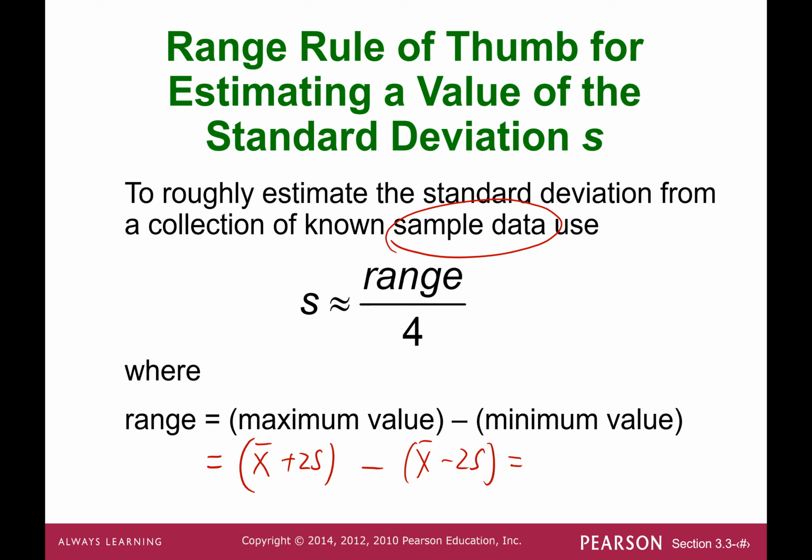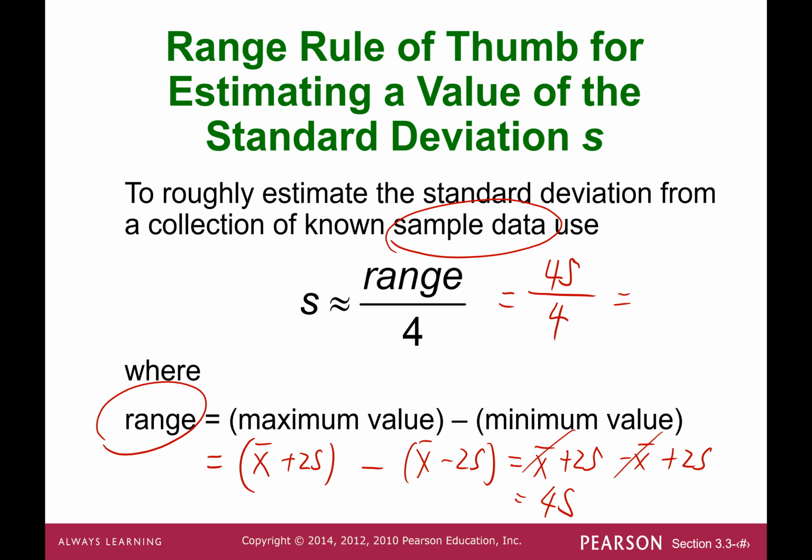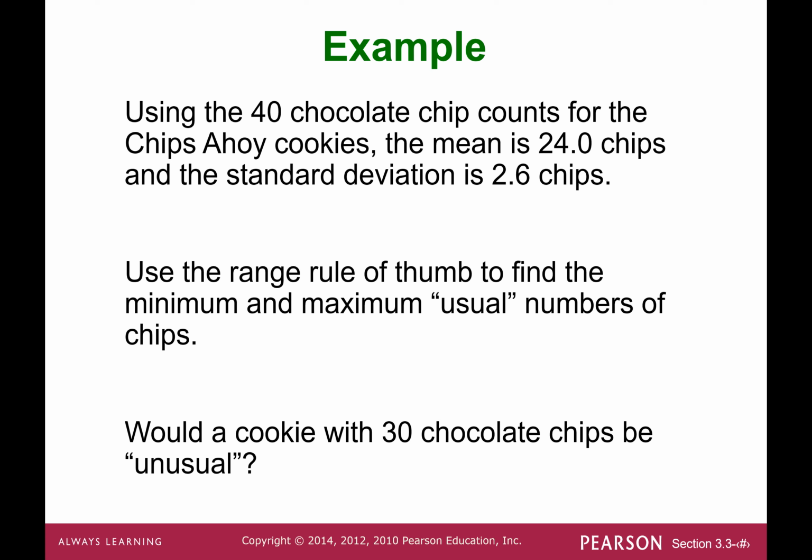If you expand it, the sample mean gets cancelled, so we get 4 standard deviations. So the range is approximately 4 standard deviations. Using the range over 4, you get the standard deviation. That's how you make the connection between the range rule of thumb and the standard deviation given a data set.